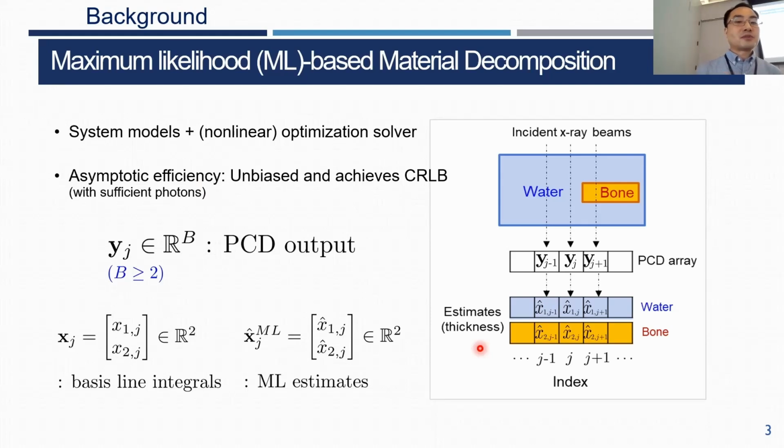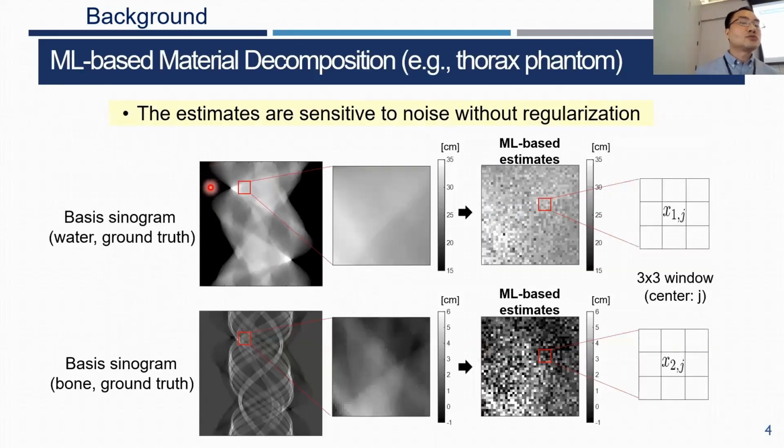And of course, that was a toy example for a one-dimensional sinogram, but in practice, we have this kind of two-dimensional sinogram, right? So it's a basis sinogram for water and bone for ground truth. I use a thorax phantom as an example, and these are the corresponding ML-based estimates. And as you can see, these are very sensitive to noise without regularization applied like this.